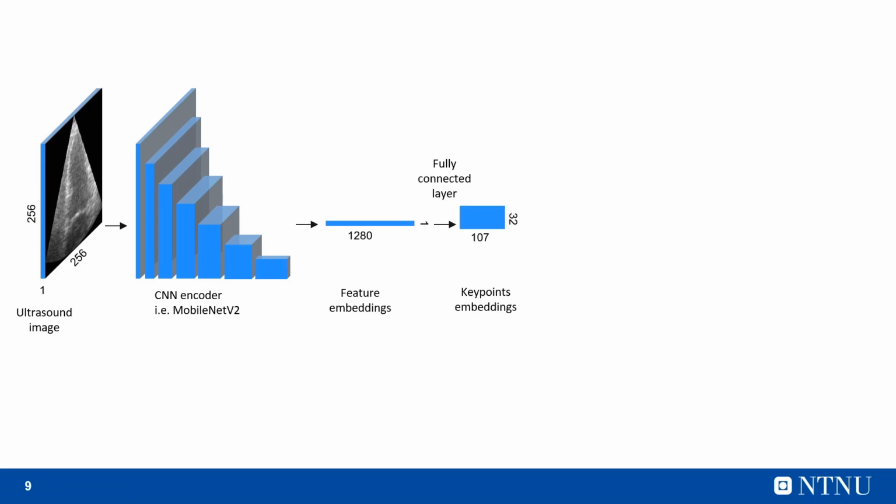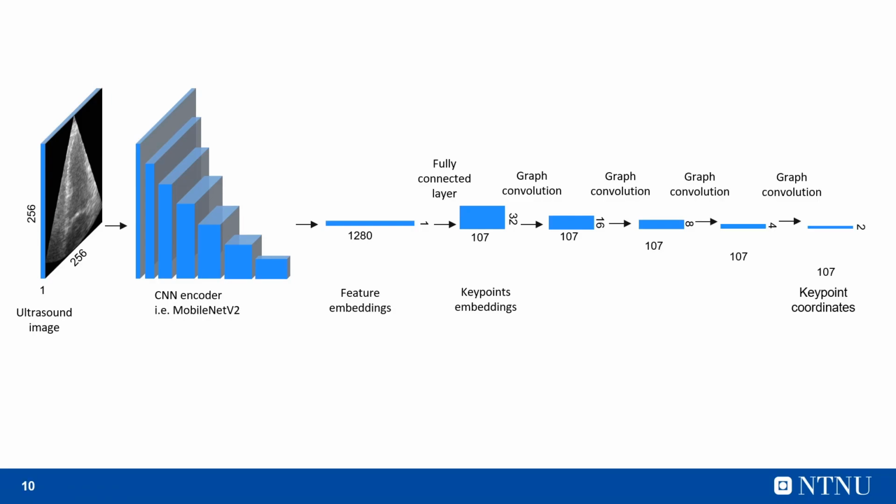In our case, we use 107 keypoints with a starting embedding size of 32. We then apply the actual graph convolutional layers, which are in fact normal convolutions but over the key points. We do this for several layers until we arrive at the output, which is the coordinates of the key points we are predicting. In this work, we will build further on this architecture and provide three main contributions.